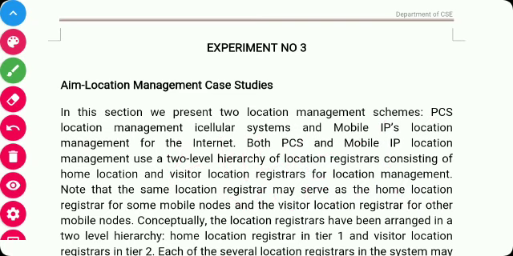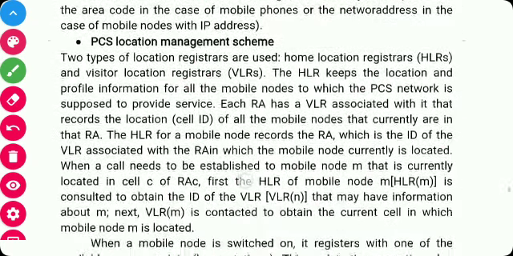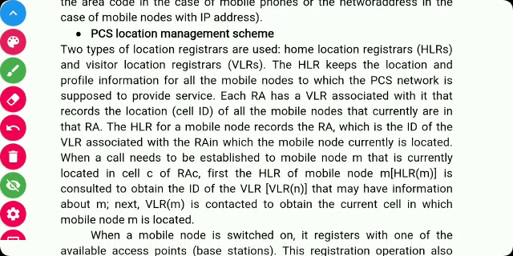Now we will see the PCS location management scheme. Two types of location registers are used, that is the home location register HLR and the visitor location register VLR.